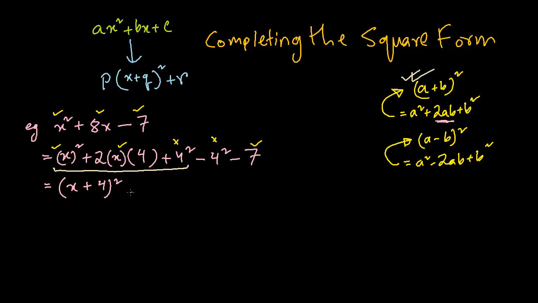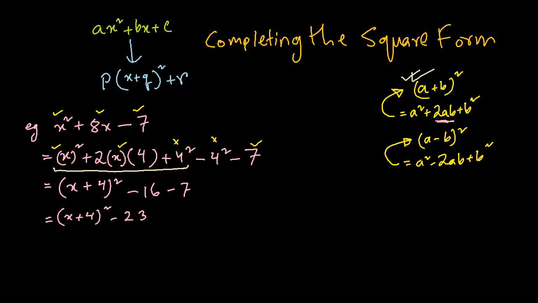Now whatever is left over is minus 4 squared, which is 16, minus 7, which is minus 23. So we can write it as x plus 4 whole squared minus 23. That's the completing the square format. So here we have ax squared plus bx plus c. Here we have p, x plus q whole squared plus r.